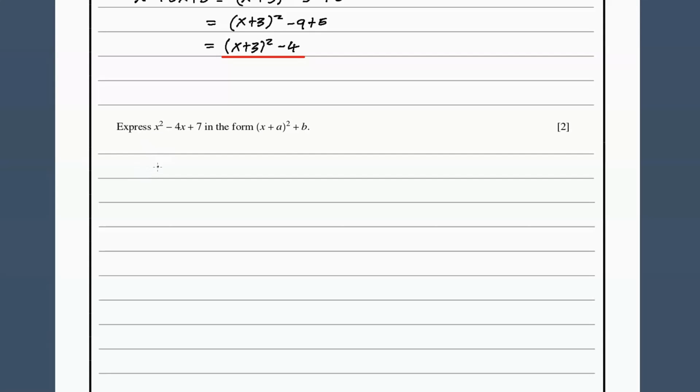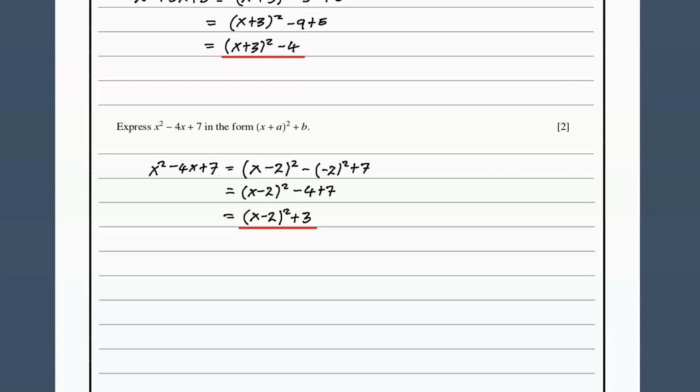So here we're saying for the x squared minus 4x plus 7 that we have been given, this is the same as opening up the bracket, that will be x plus half the coefficient of x, which is minus 4, so that will be minus 2, close bracket squared, and it's going to be minus the minus 2 squared, and it's plus 7, which then will give us x minus 2 squared minus 4 plus 7, and eventually we'll be having x minus 2 squared, and minus 4 plus 7 is 3, so it's plus 3. And that's how we complete the square for this particular one.